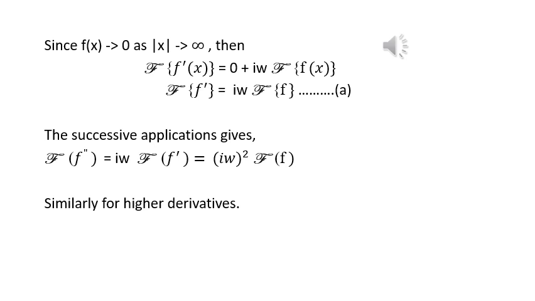So in short, the answer we got here is the Fourier transform of f dash of x is equal to i omega Fourier transform of f of x. That means the Fourier transform of the derivative of a function is equal to i omega into the Fourier transform of that function whose derivative has been taken.